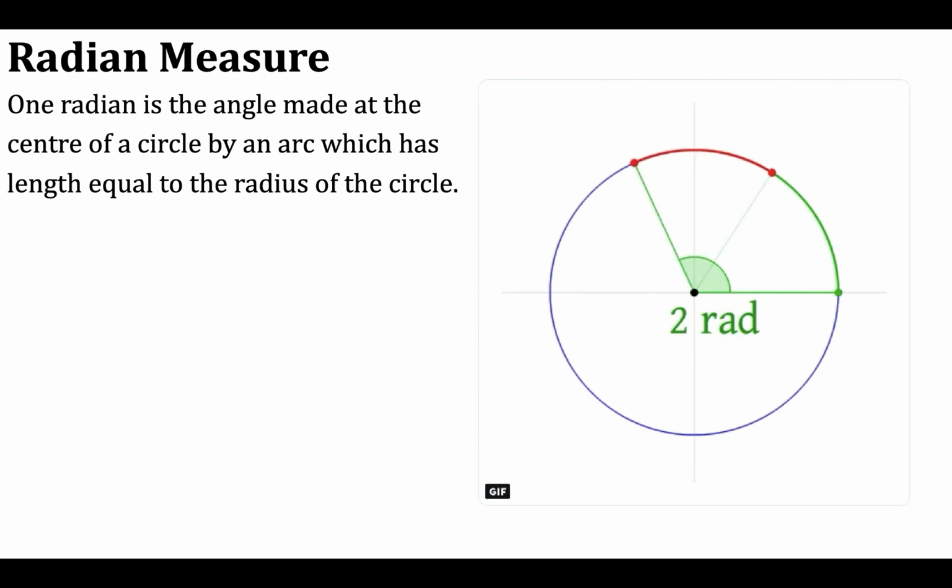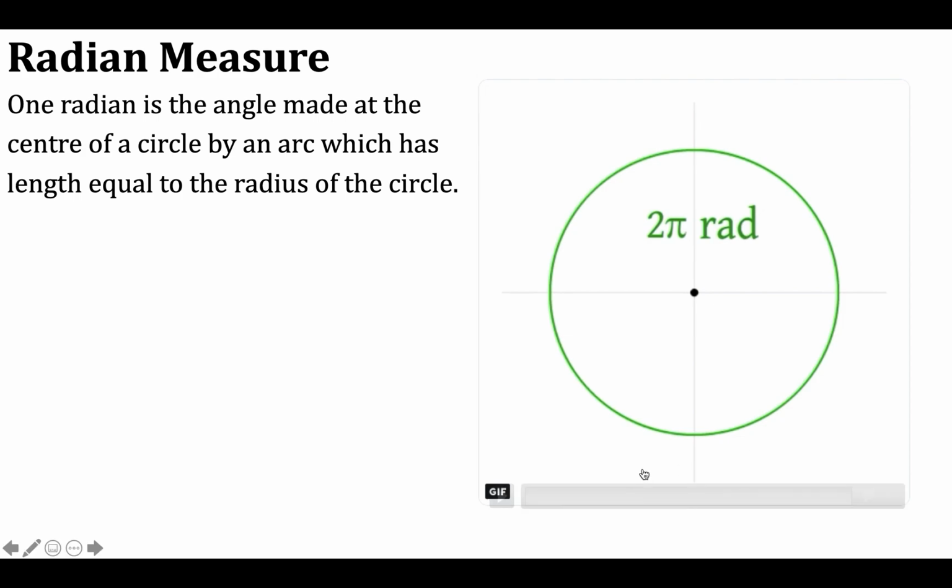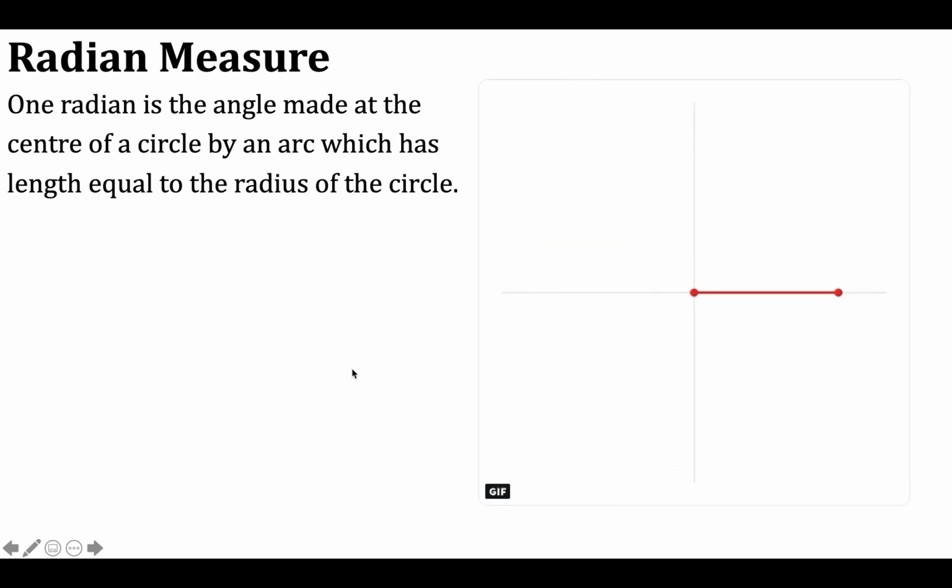Then we have 2 radians, 3 radians, and on that straight line we actually have approximately 3.14 radians, so that's pi radians that make up that 180 degree angle. And obviously it follows on that 360 degrees, that full revolution all the way around the circle, gives us 2 pi radians.